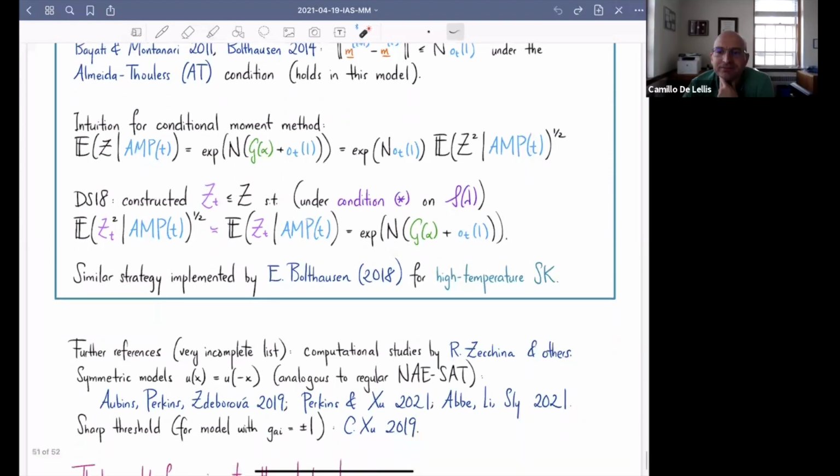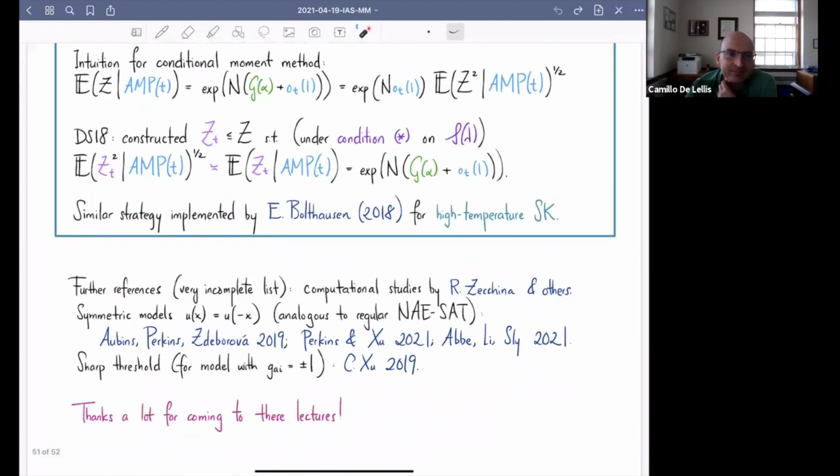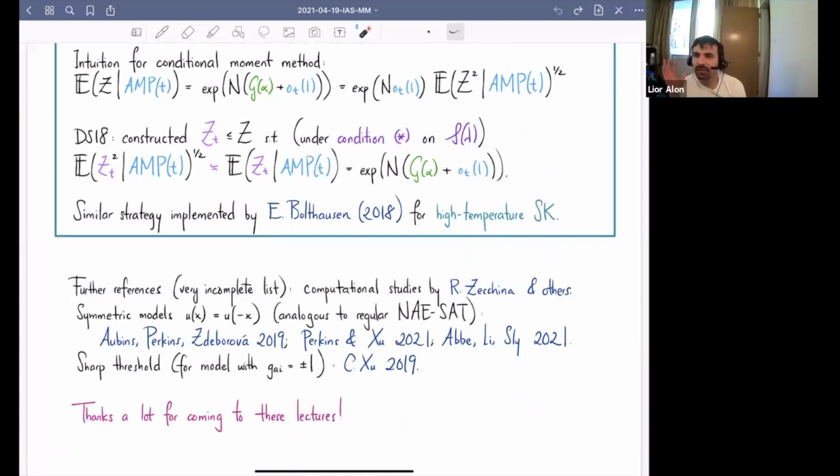Other questions? Just something maybe very unrelated: in the previous model, when you use this random neighbor, the average neighborhood of a vertex, do you use the Benjamini-Schramm convergence in some sense to some limiting object?